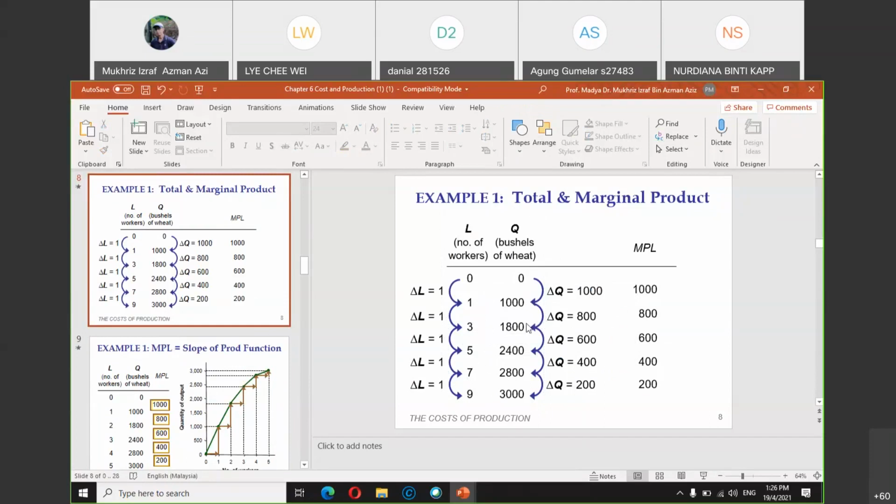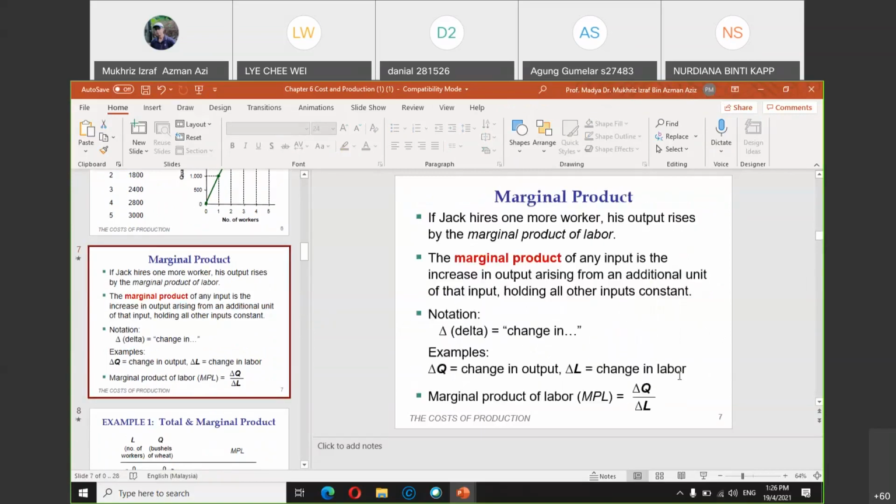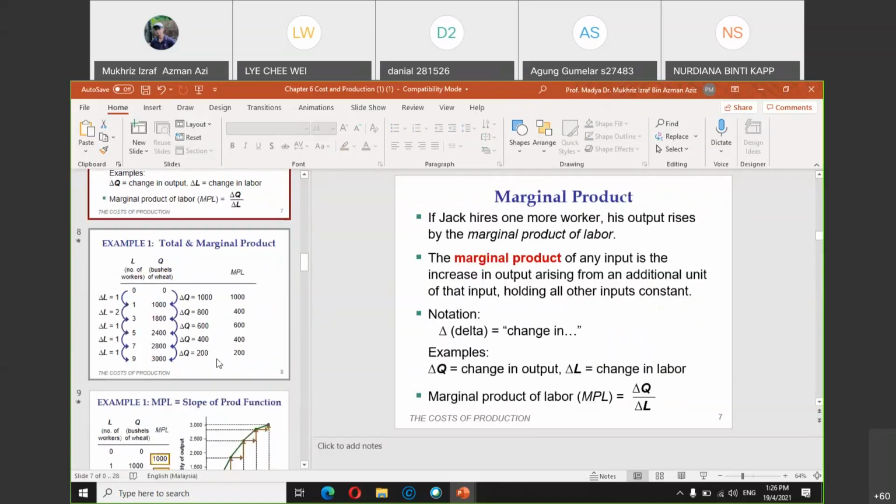But for the second MPL, it is no longer 800, because 1800 minus 1000 gives you 800, but 3 minus 1, instead of 1, we get 2, assuming that I change the number. So 800 divided by 2, you should get 400. So the main thing is the main formula, which is change in output divided by change in labor.